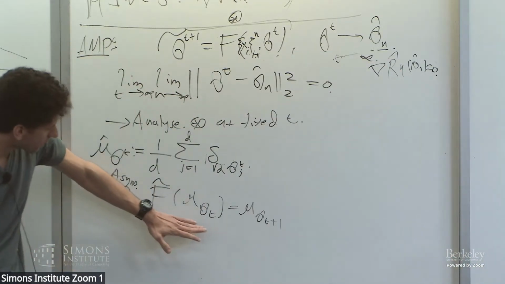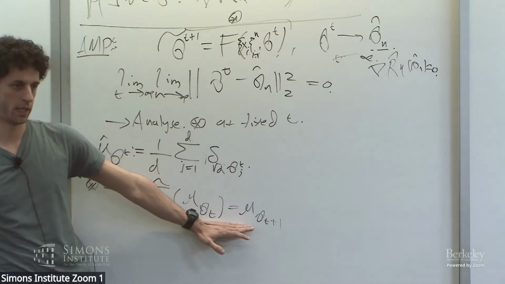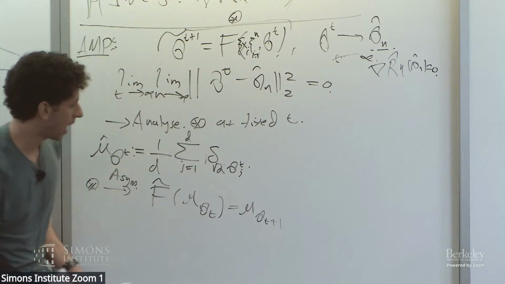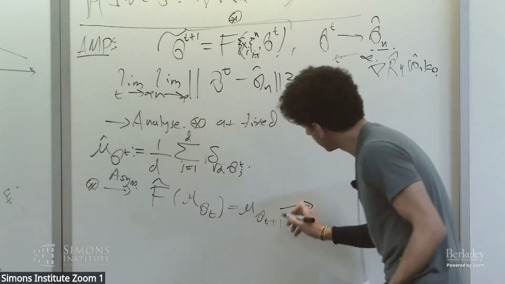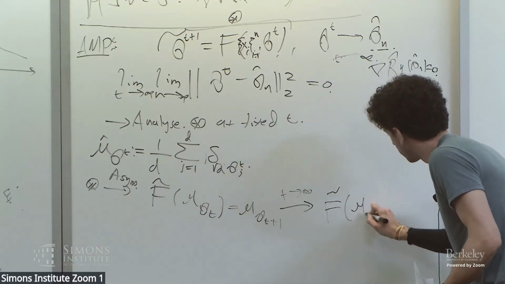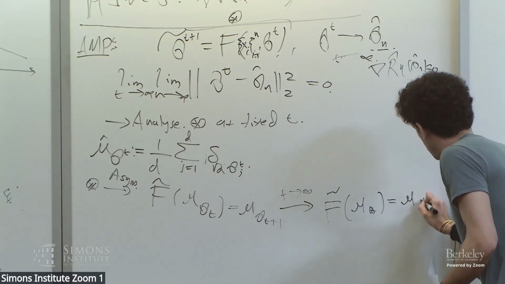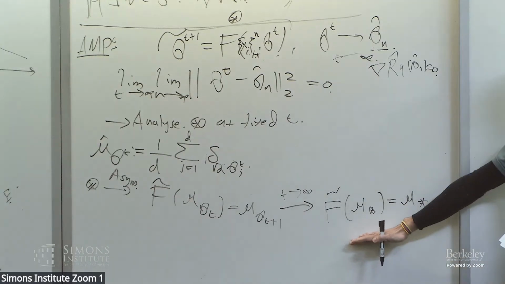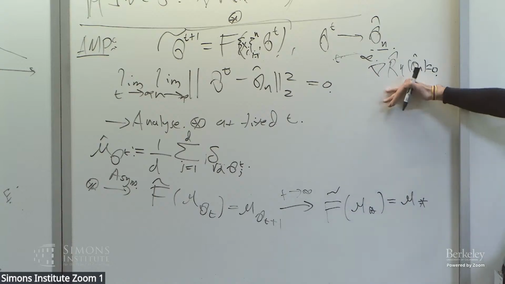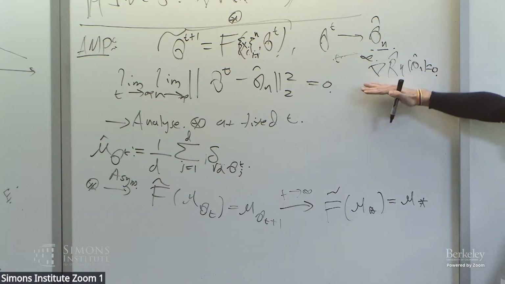The point is that this is some kind of iterative equation in t. And I'm going to take the limit now as t goes to infinity to obtain some fixed point equation of this form. This has the interpretation that in some sense this is the asymptotic version of the fixed point equation which it would have converged to if I reversed the limits, if I first went n to infinity, then t to infinity.